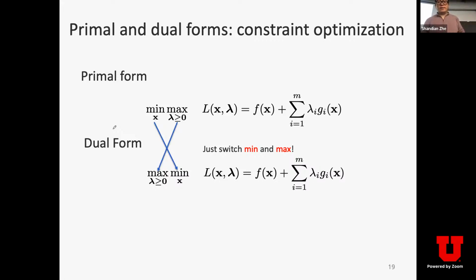So now I want to ask, will the solution of the dual form be the same as the solution of the primal form? In other words, if I just switch the order of max and min, will the solution change? Just give me a guess.